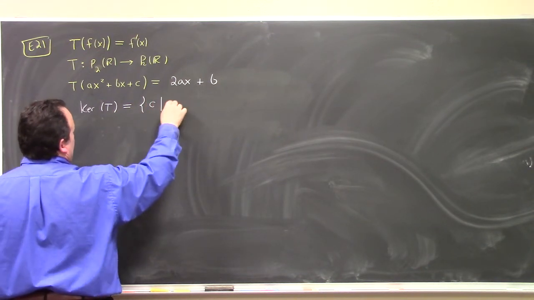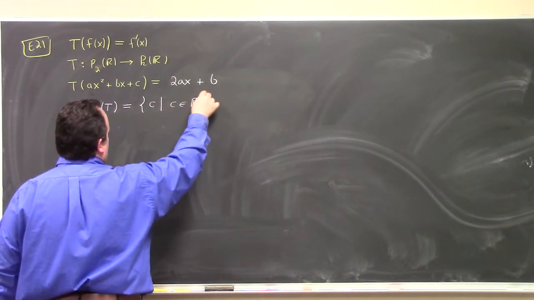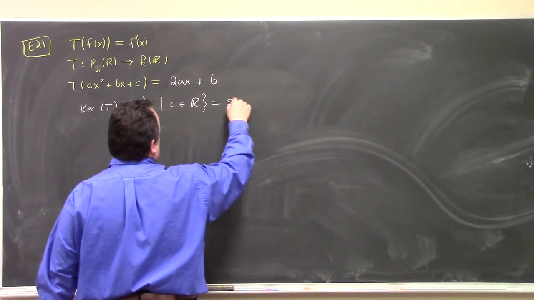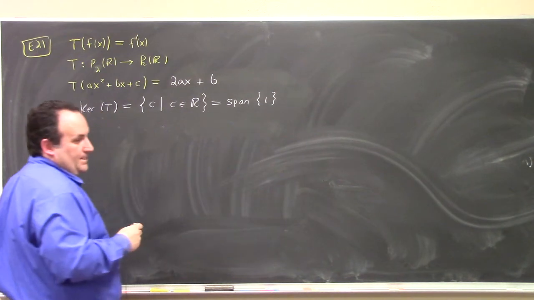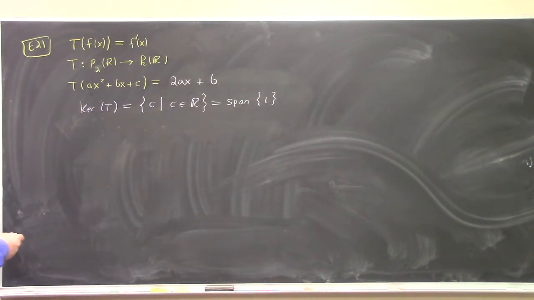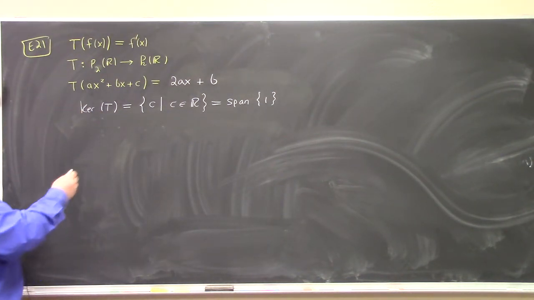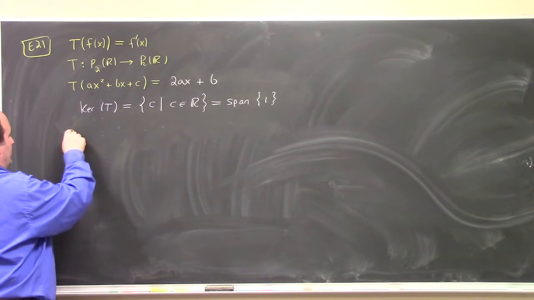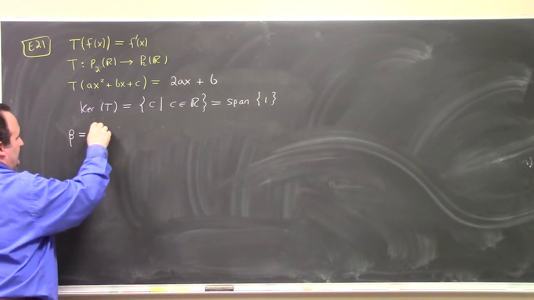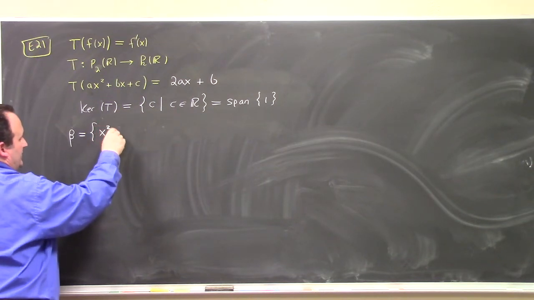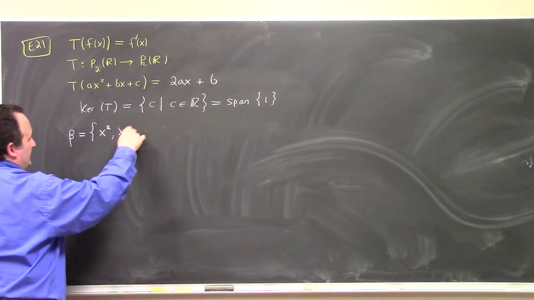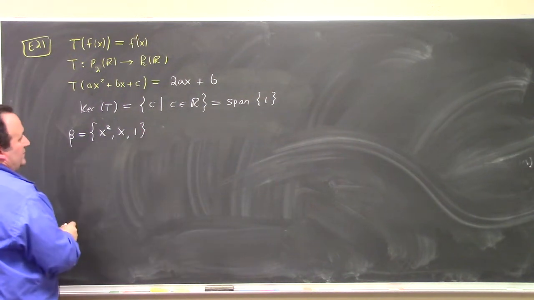Constant polynomials. In other words, the span of 1, right? So if we use the basis, let's say x squared, it's kind of boring, x squared, x, 1, right?